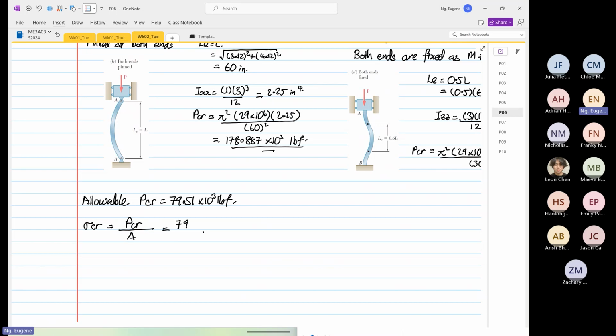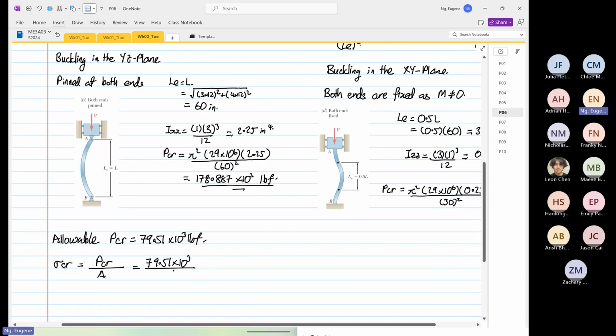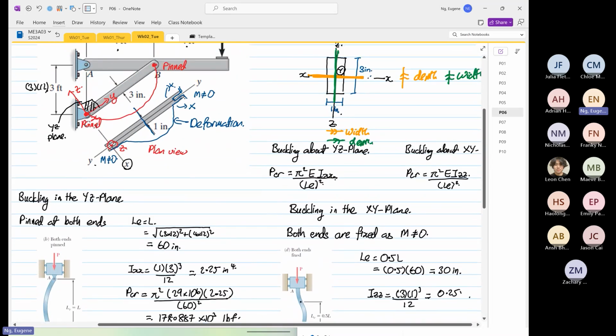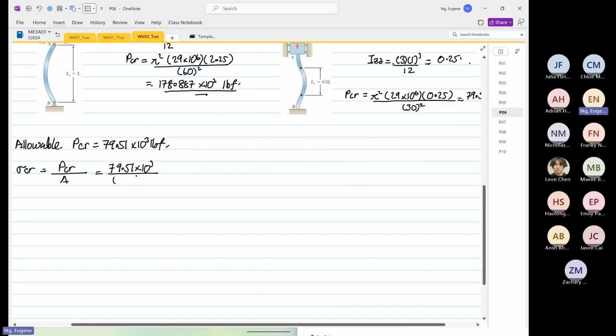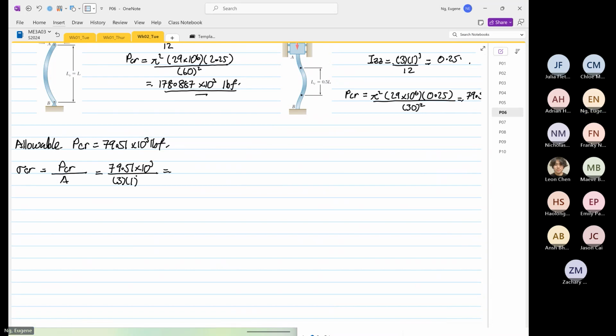So this is 79.51 times 10 to the power 3 divided by the area, where the area is 3 and 1, the width and the depth. So 79.51 times 10 to the power 3 divided by 3 divided by 1 is equal to 26.503 times 10 to the power 3 psi.